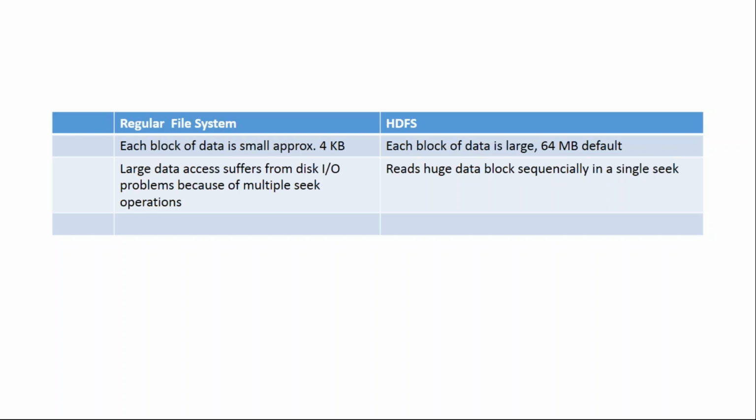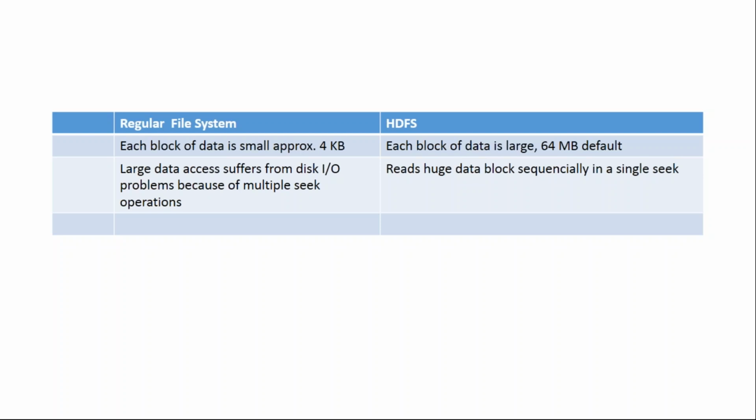The problems we have seen, a couple of them, is that the block size in a regular file system is 4 kilobytes, which is way too small, and the block of HDFS is normally by default 64 MB and sometimes 128 megabytes, depending on the version we are using.